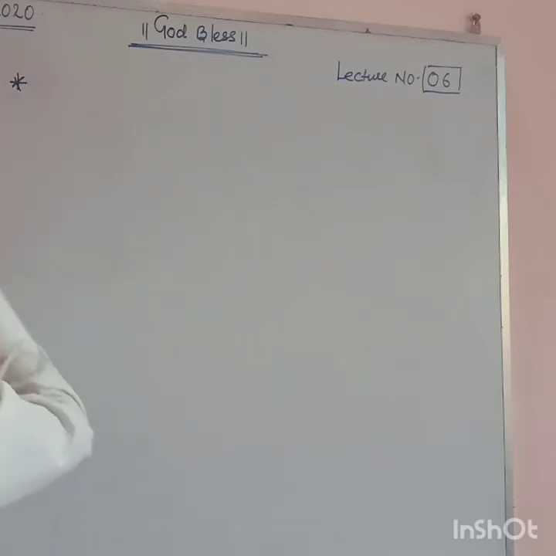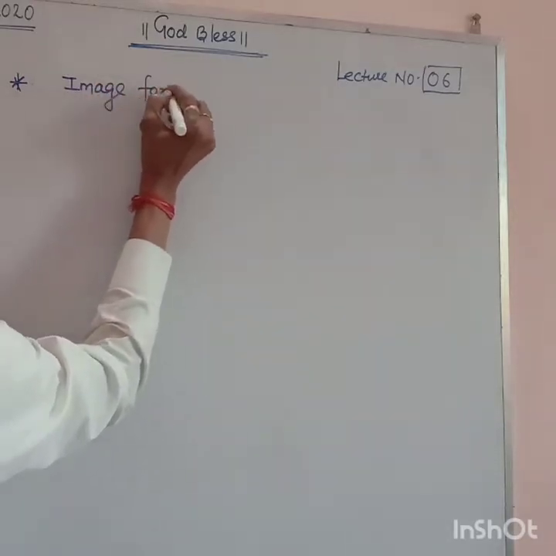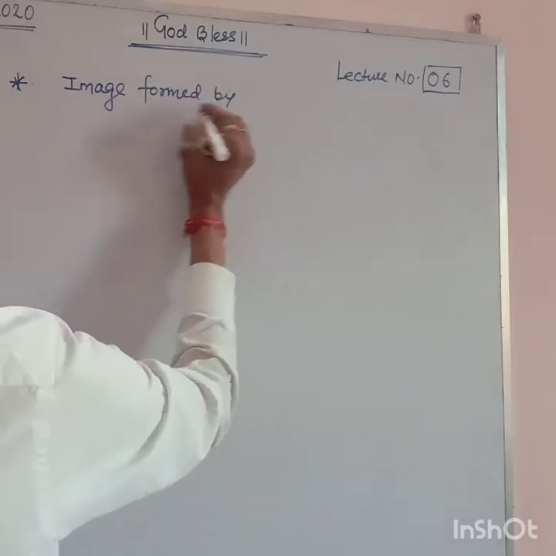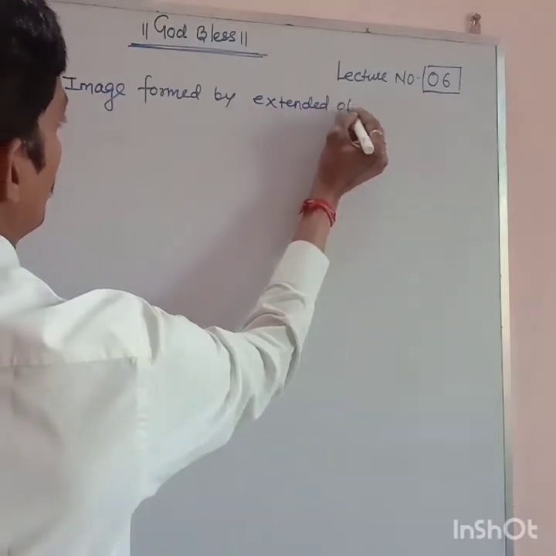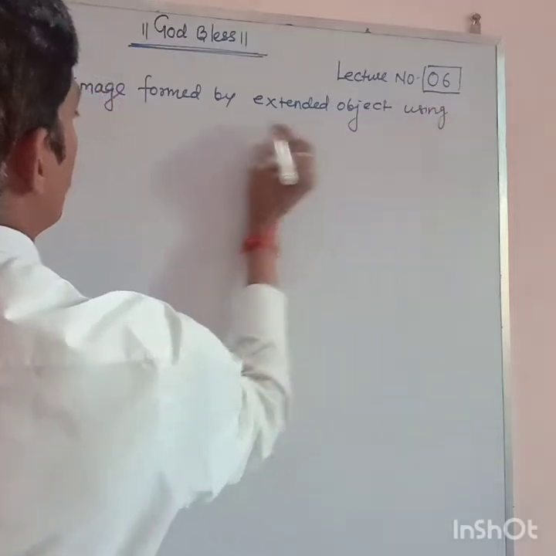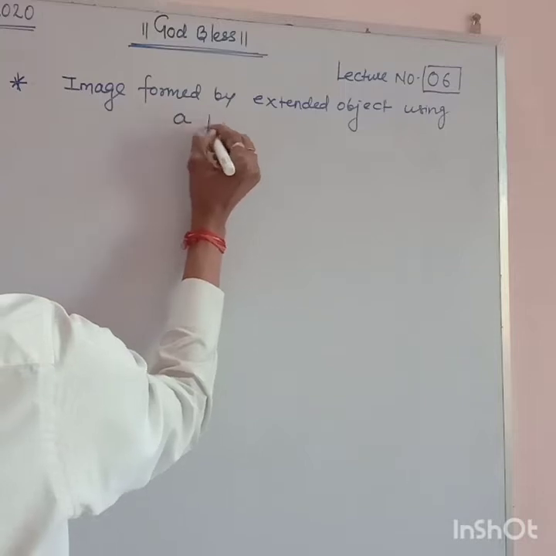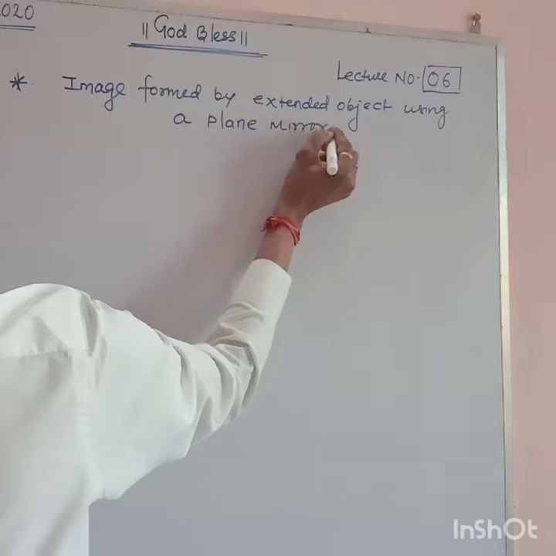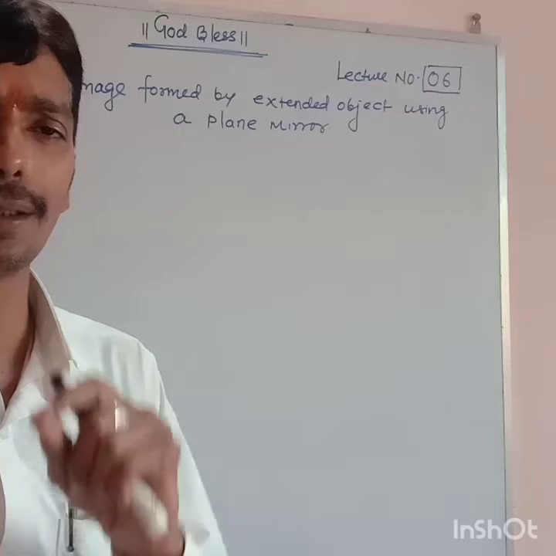We will begin with the image formed by an extended object using a single plane mirror, or I can say a plane mirror. A plane mirror means one plane mirror.